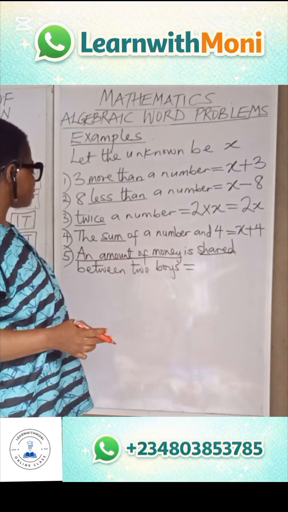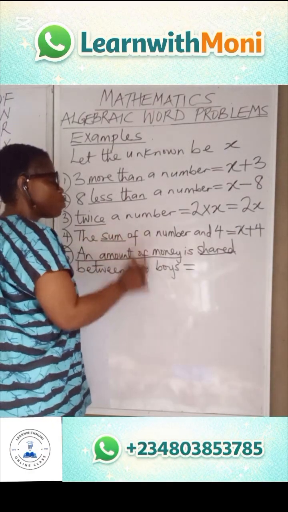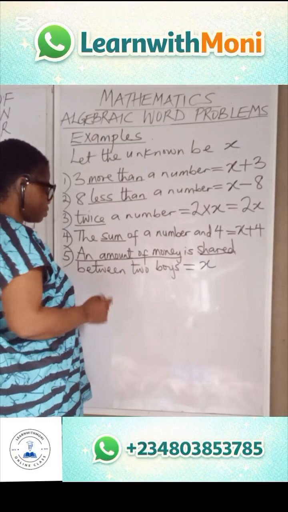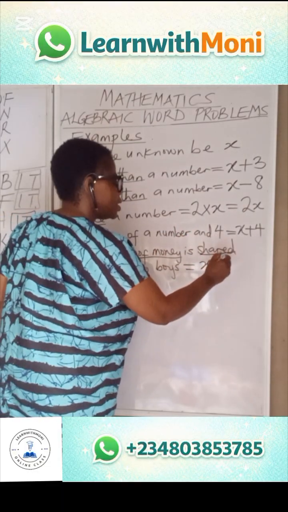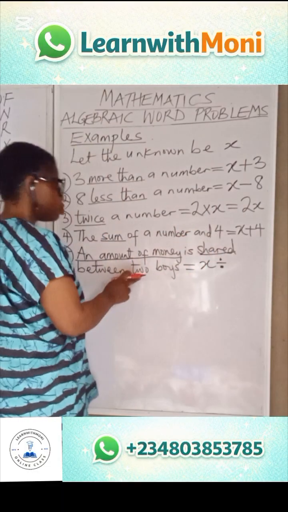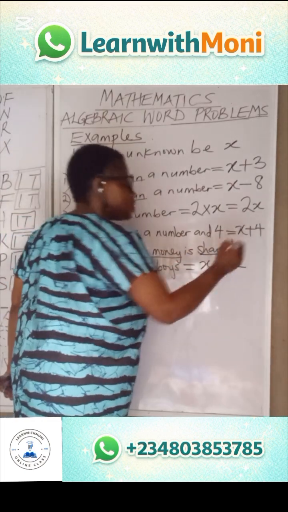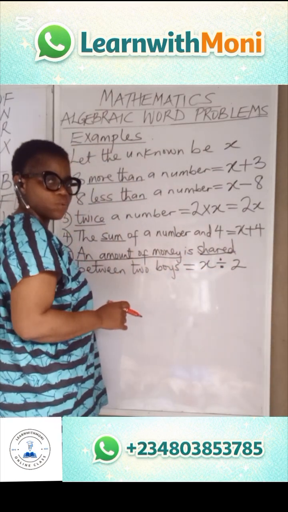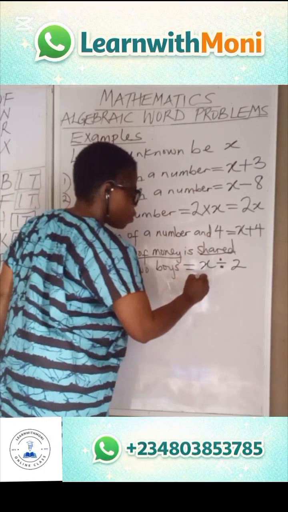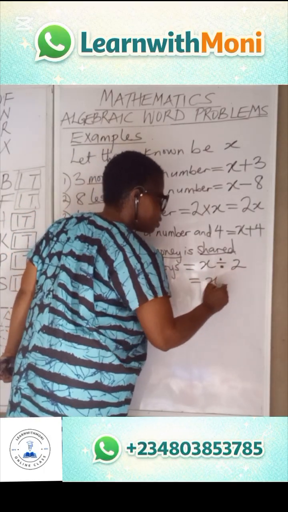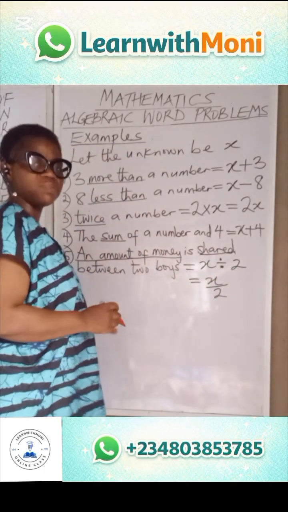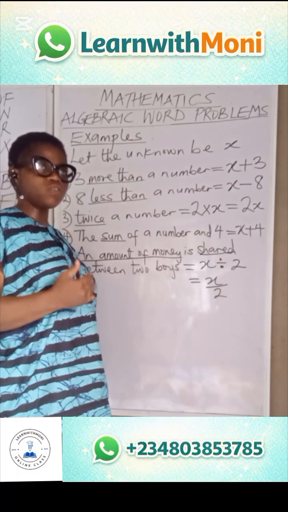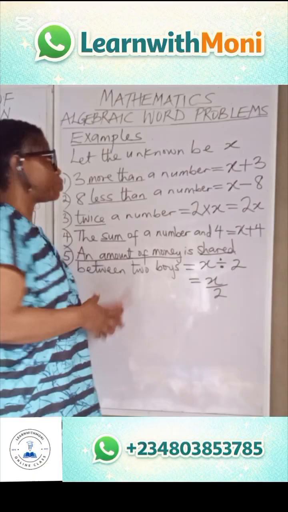Let that amount of money, which is our unknown, be x, is shared, is divided by 2 boys. This means equal division. You can either leave your expression like this, or you take it to x over 2, which means the same thing as x divided by 2.